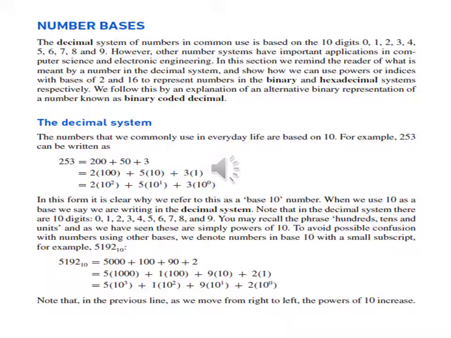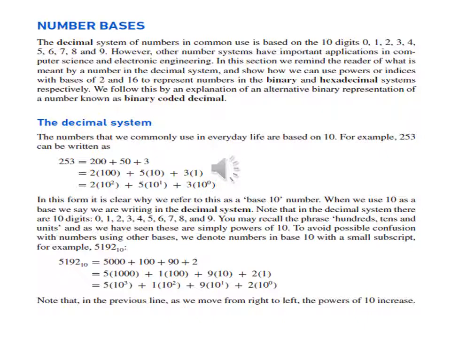In this section, we remind the reader of what is meant by a number in the decimal system and show how we can use powers or indices with base 2 and 16 to represent numbers in the binary and hexadecimal systems respectively. We follow this by an explanation of an alternative binary representation of a number known as binary coded decimal.